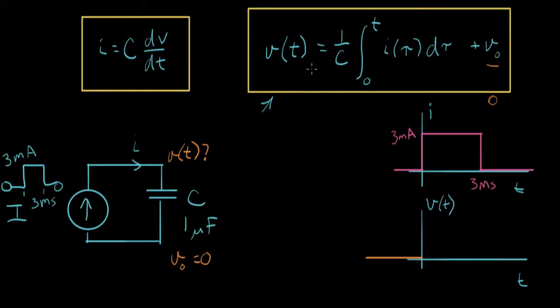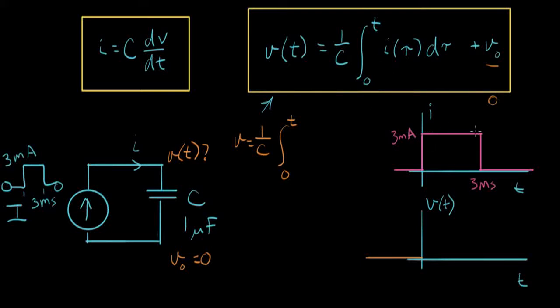Okay, now let's go during the pulse, the second period of time. Now we have to be a little more careful. We have V equals 1 over C, integral from time equals 0 to time equals some time t. And what's I during the pulse? Well, it's sitting right here.